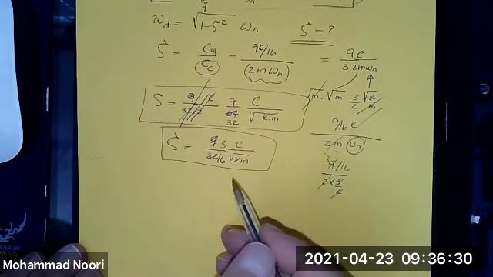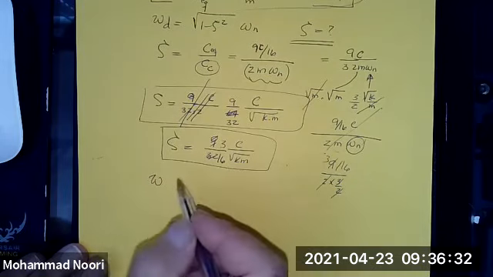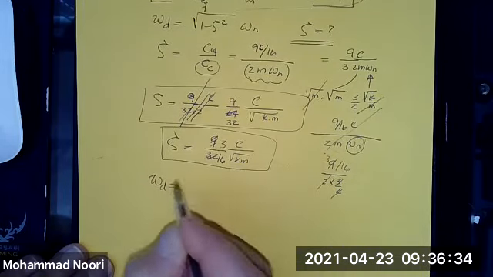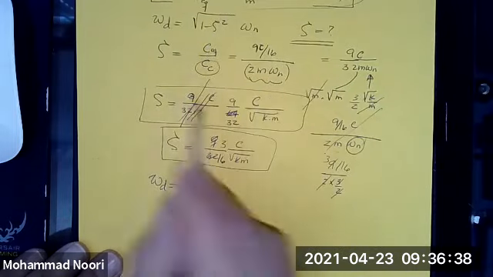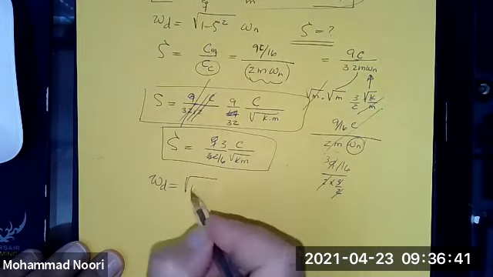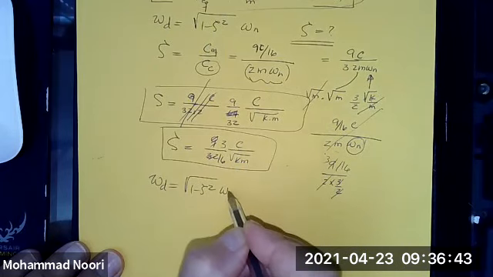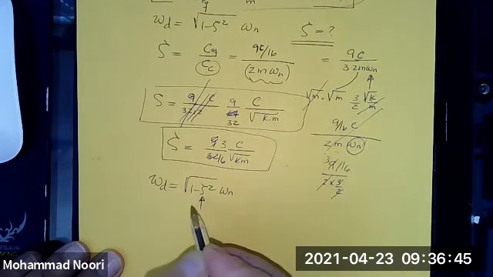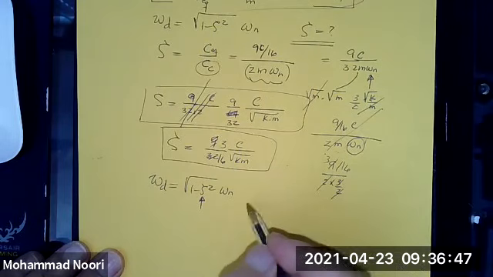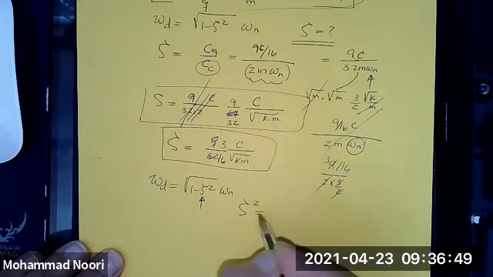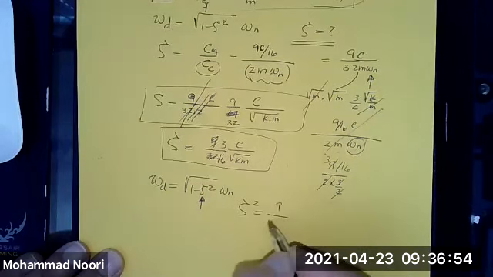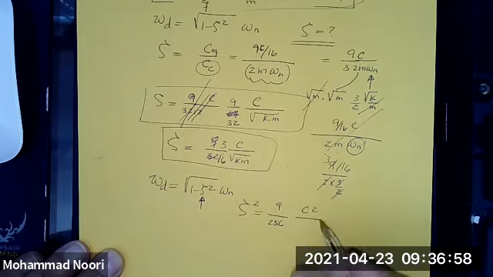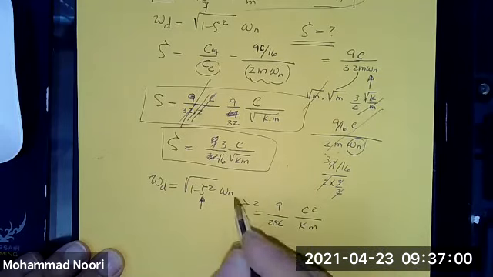All right. Anyway, let's now find omega d, which we left before as square root of 1 minus zeta squared times omega n. Now that I have zeta, I can write zeta squared as the square of this, which would be 9 over 256 c squared over km.